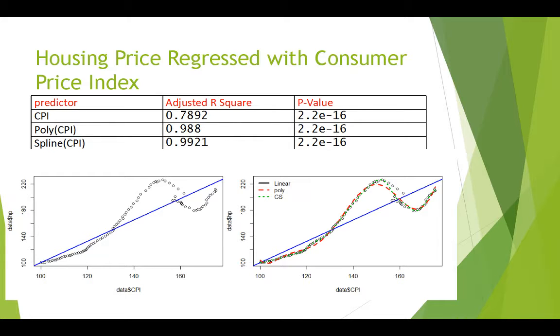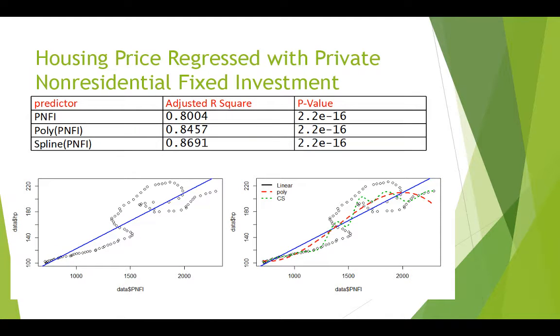The CPI's R-square is about 0.98 from the polynomial model and 0.99 from the spline model. As for private non-residential fixed investment, which is part of real estate, fixed investment increases as real estate becomes popular. And the R-square from the 3 models is similar.